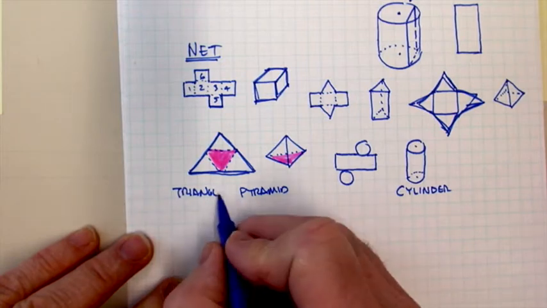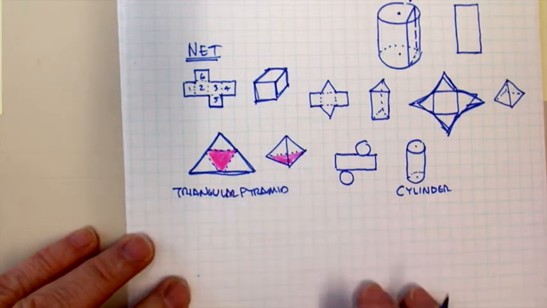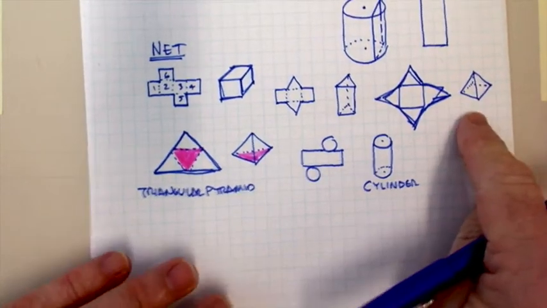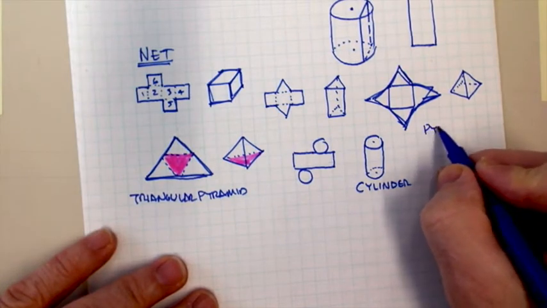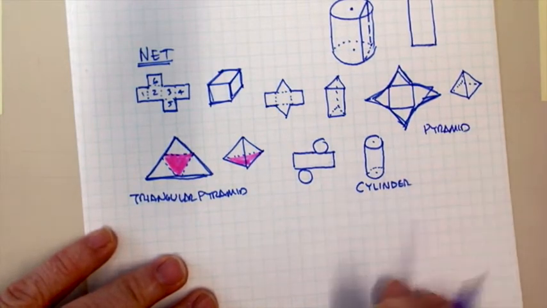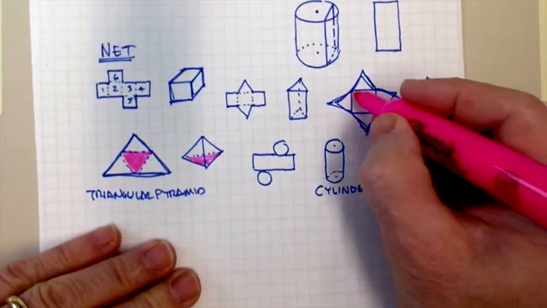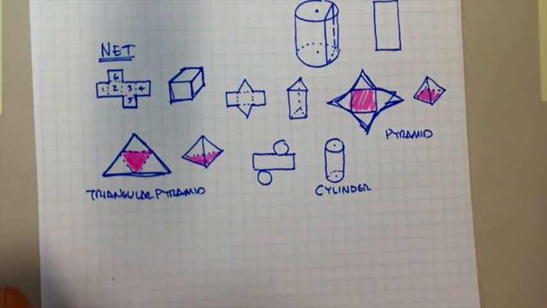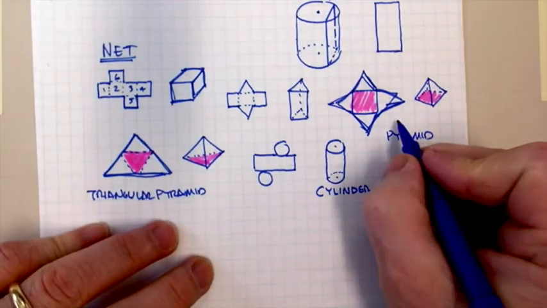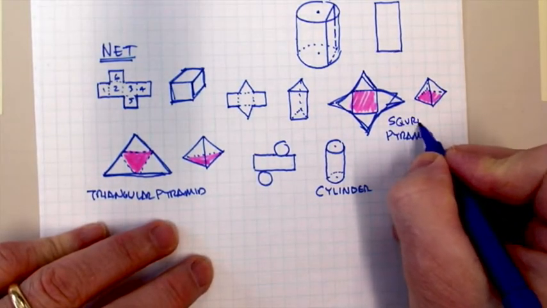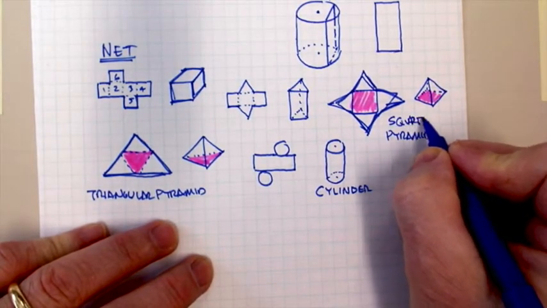So again, this is a triangular pyramid. This one over here is also a pyramid. But you can see the shape of the base is indeed a square, so this would be called a square pyramid.